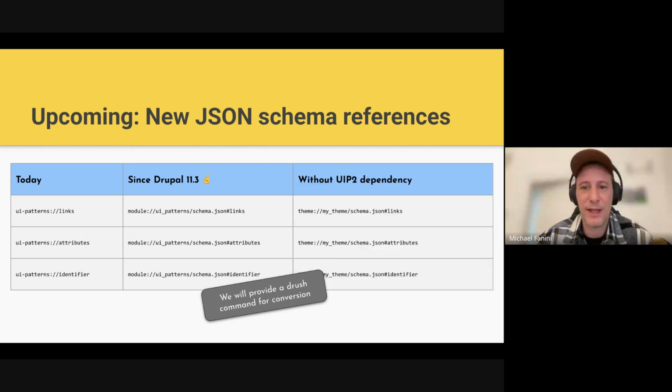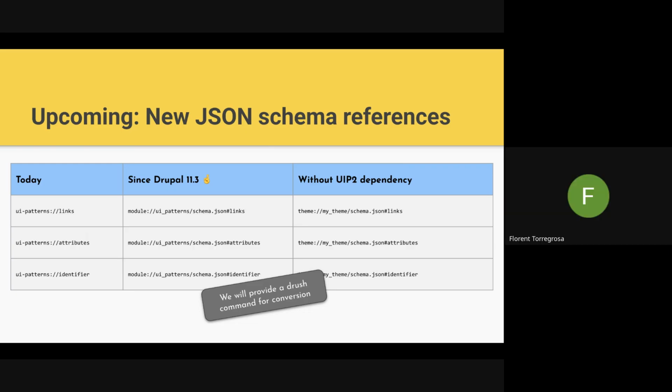So we will replace all our specific declarations for props, for links, attributes, and identifiers, or JSON schema of props, etc. Okay, cool. Thank you.